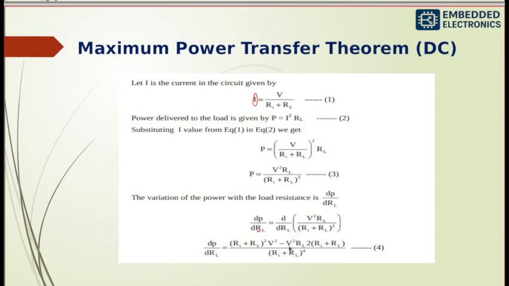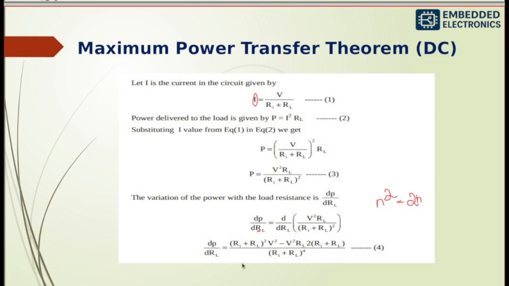Now U, write as it is. You need to take the derivative of (Ri plus RL) square. We know, right, n square derivative is 2n, so it will become 2 of (Ri plus RL).